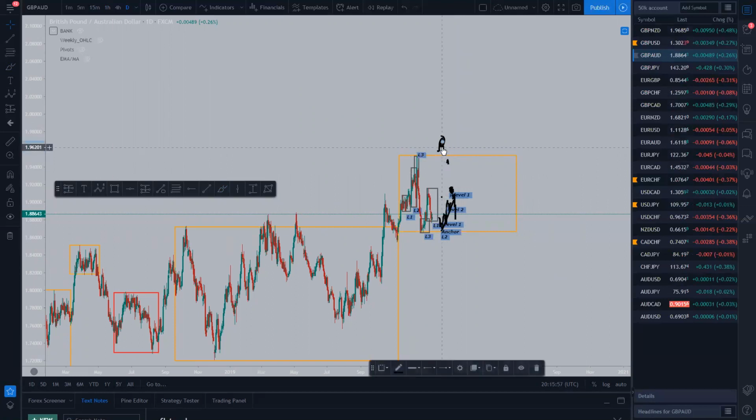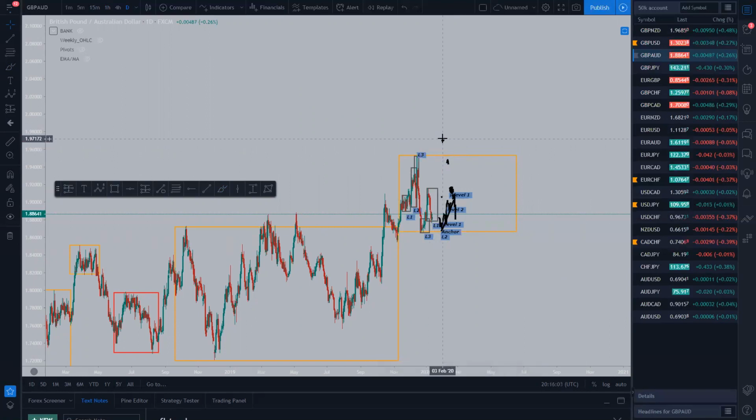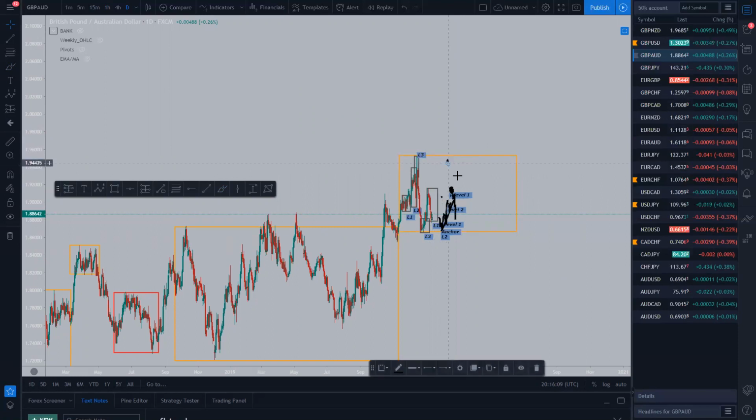So the daily cycle would lead into the 4 hour cycle, would lead into the 15-minute cycle. That's one of the reasons why for someone that wants to be a long-term trader, you'd want to focus on identifying the cycle on the 4 hours and the daily time frame, if you want to hold positions for weeks on end.